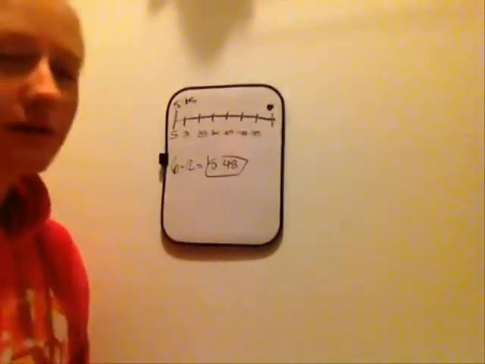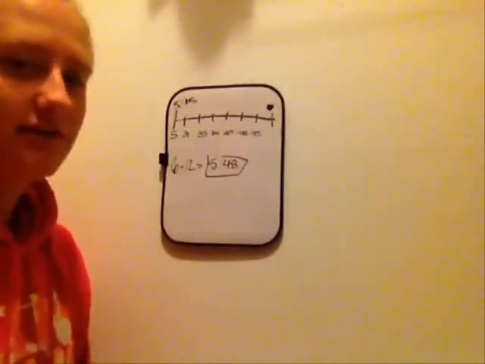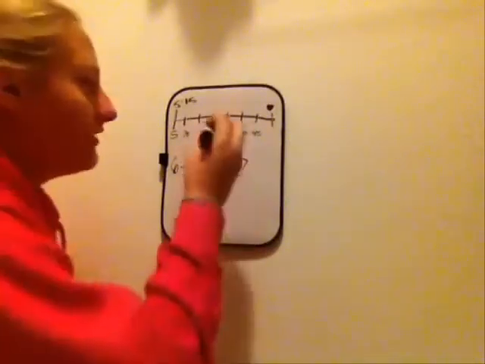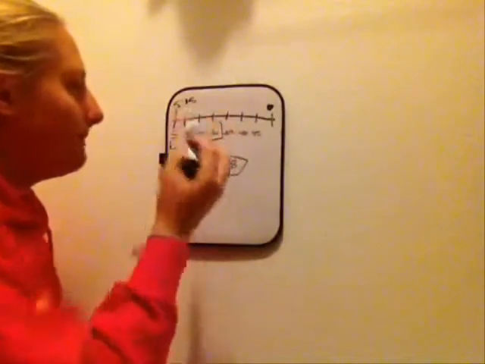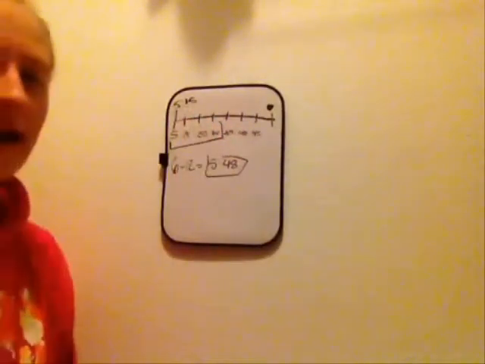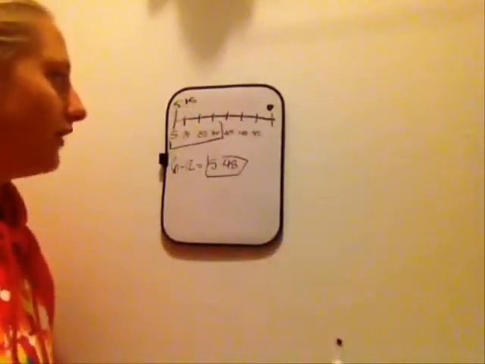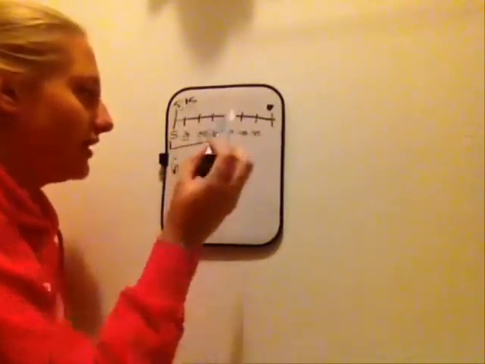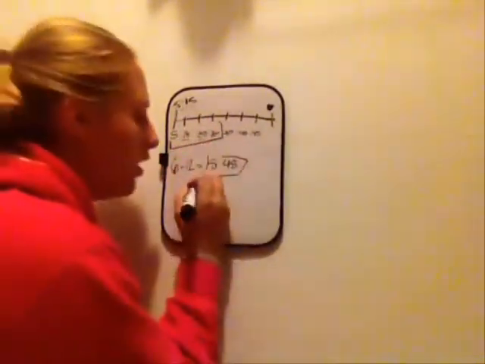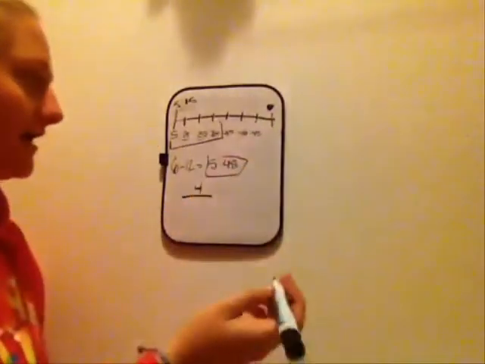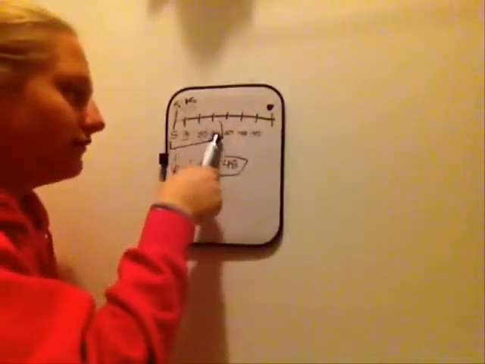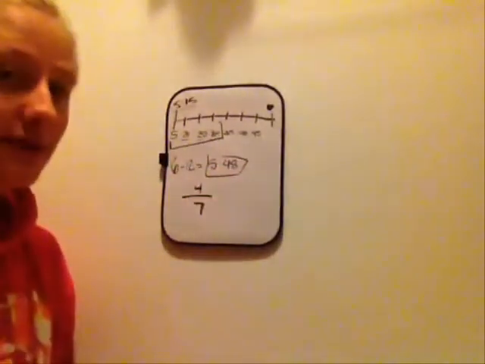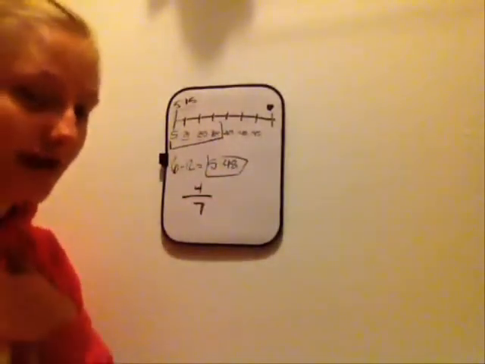So I really want to be home by 5:30, so it'll give me some time to take a shower and everything before my mom gets home. If I want to leave by 5:30, the favorable number of rides that I can take would be 5:15, 5:20, 25, or 30. So we're going to put 4 over the total amount of rides that I could take, which would be 1, 2, 3, 4, 5, 6, 7. 4 out of 7 is the probability that I'll make it home in my favorable time.